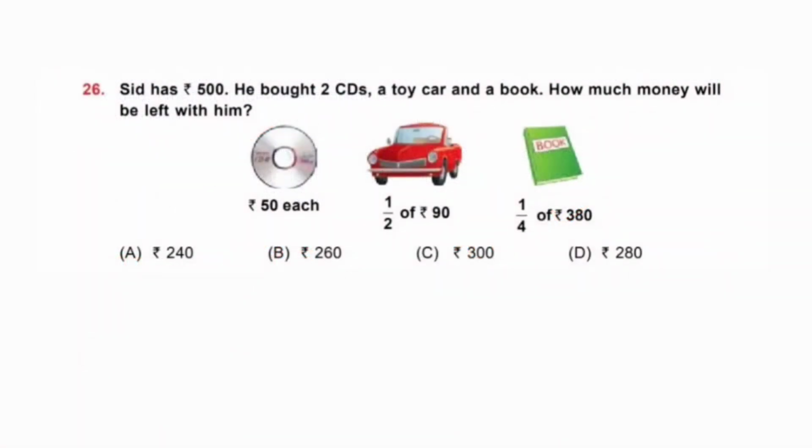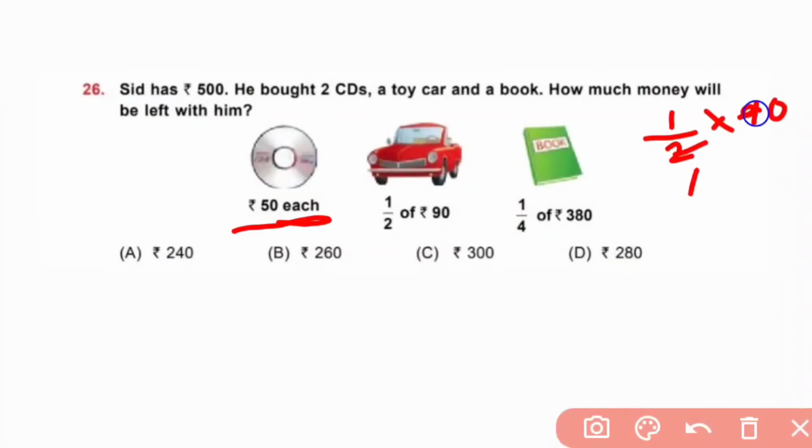Question number 26. Sid had rupees 500. He brought 2 CDs, a toy car and a book. How much money will be left with him? Here one CD is for 50 rupees. One toy car is for half of 90. Here 2 ones are 2. 2 4s are 8, 1 remaining, 2 5s are 10.